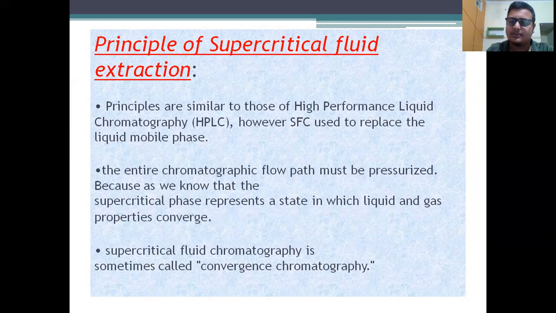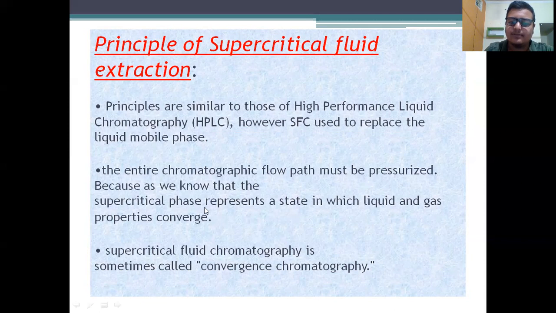The entire column used in supercritical fluid extraction must be pressurized to get the ideal behavior and ideal yield using the supercritical fluid extraction method.